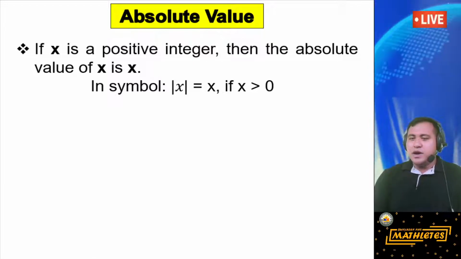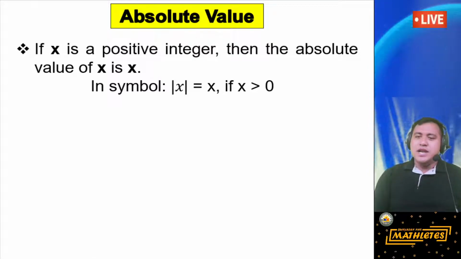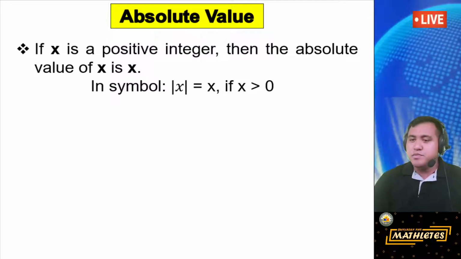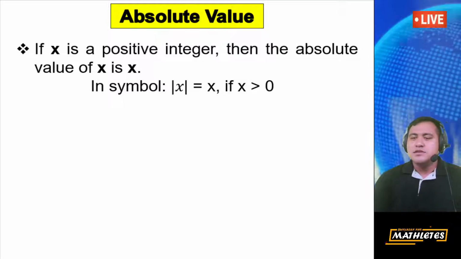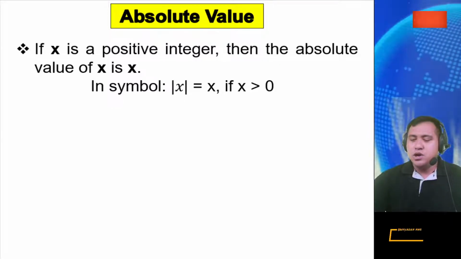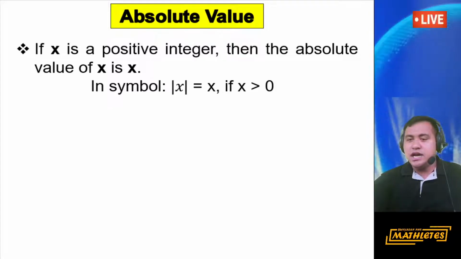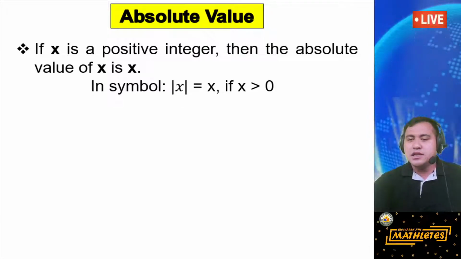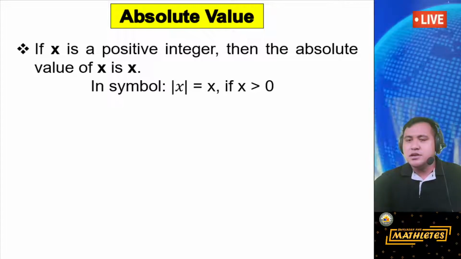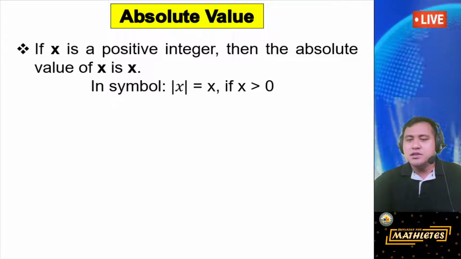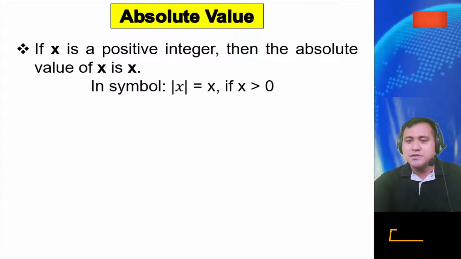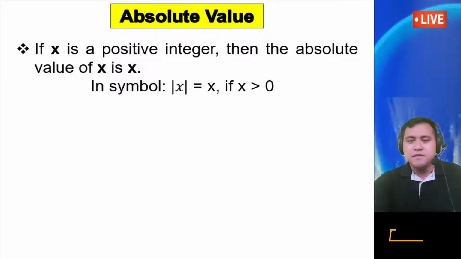So, bisan pa og pila ka milyon, for example, absolute value of 1 million, 1 million ang absolute value ana. So, no matter what the sign is, ang answer is always positive. The absolute value of a number, bisan negative or positive, ang absolute value is always positive.